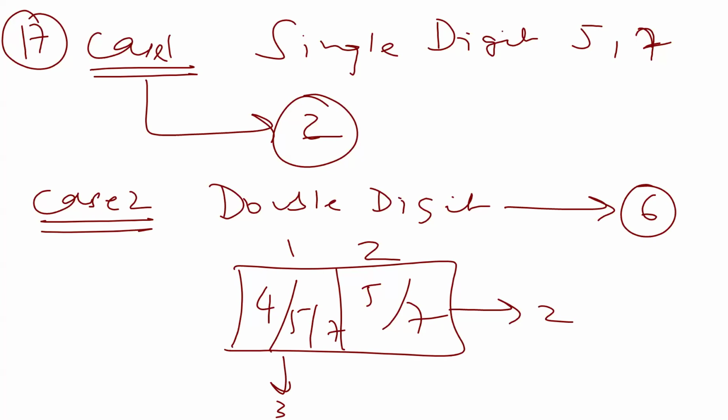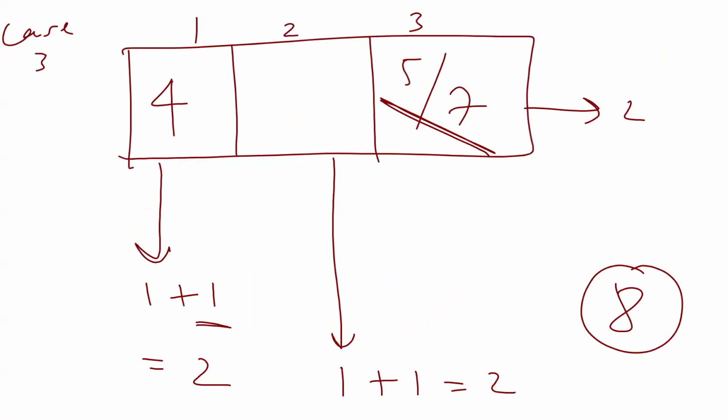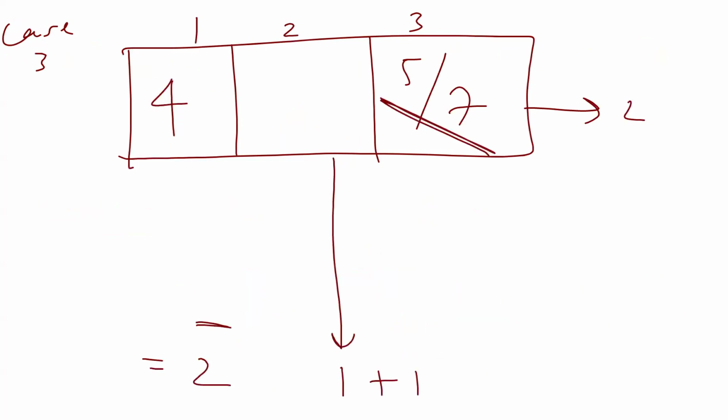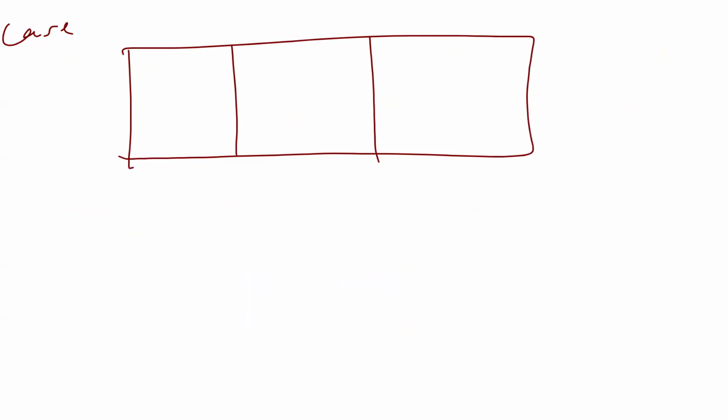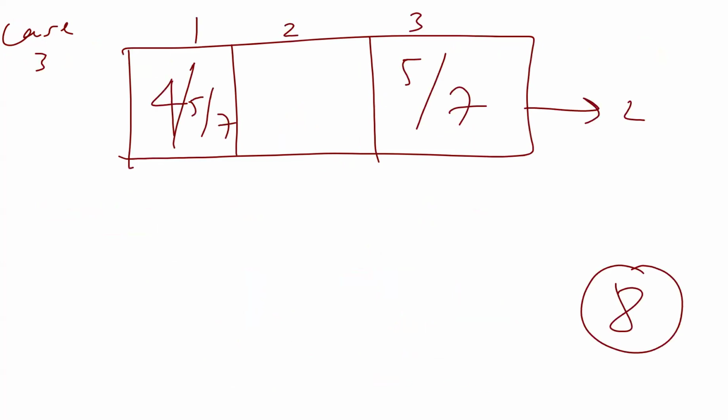And here this will be 4, 5, 7, 3 ways. And here it will be 0, 4, 5, 7, 4 ways.